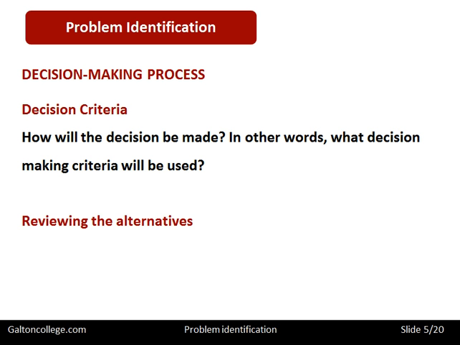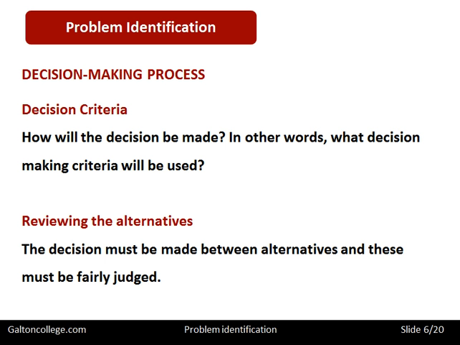And reviewing the alternatives. Well, the decision must be made between alternatives, and these must be fairly judged. So looking at alternatives, there should not be bias in looking at the alternatives. They should be looked at honestly and considered on their merits. The management should not approach a set of alternatives to a problem with some predisposition.